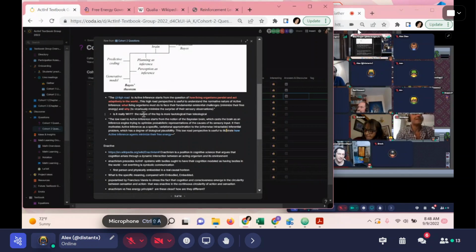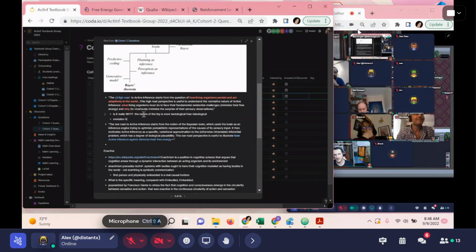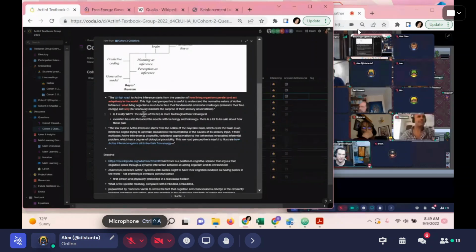Yes, scientific or formal addressments of teleology or end or goal directedness are very interesting. And another framework or theory, which is evolution, has also threaded the needle with tautology and teleology. There's a lot to be said there about how those two categories aren't necessarily disjoint. Do you believe they have to be disjoint, or are you expecting or preferring that they are?